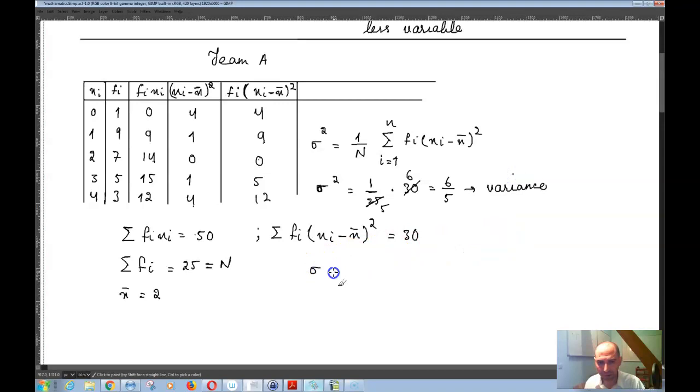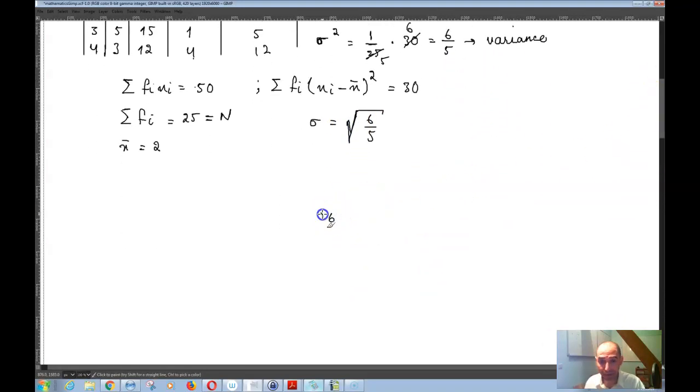Now sigma is equal to the square root of 6/5, which is 6 divided by 5, that is 1.2. So that is the square root of 1.2.